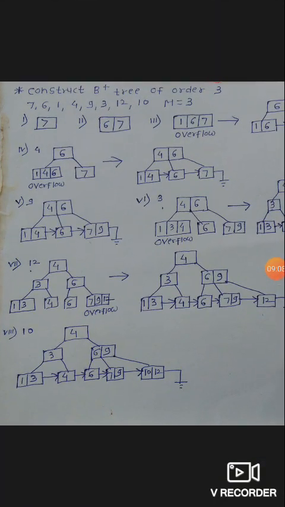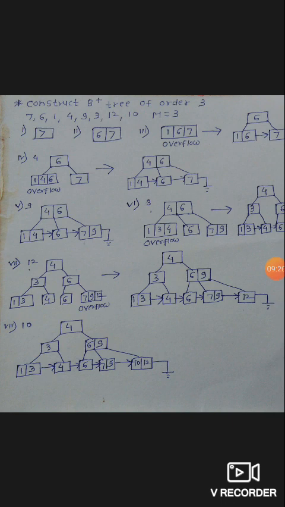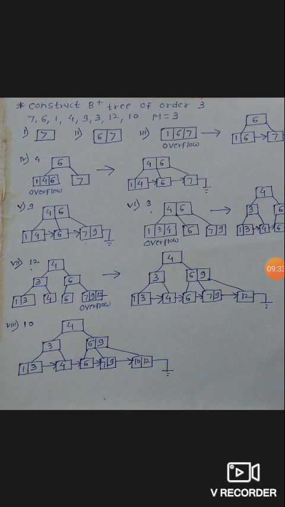Same key values we have given, and the problem is construct B plus tree of order 3, and the key values which we have given are 7 6 1 4 9 3 12 10. We have given order as 3, therefore m equal to 3. Now let us solve this example.